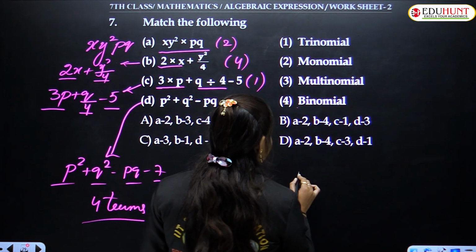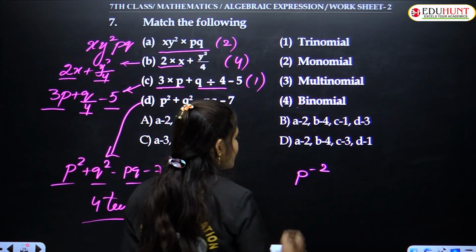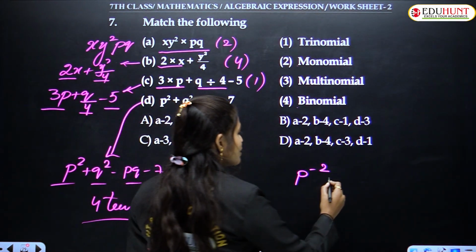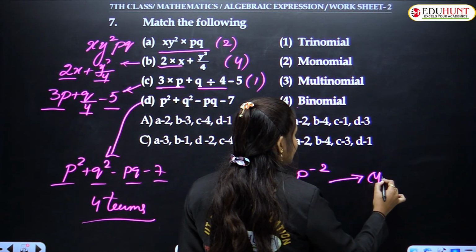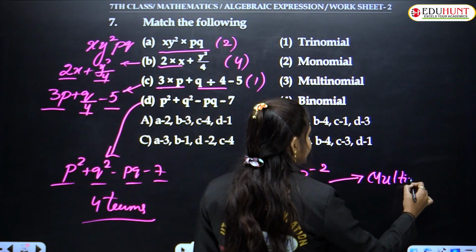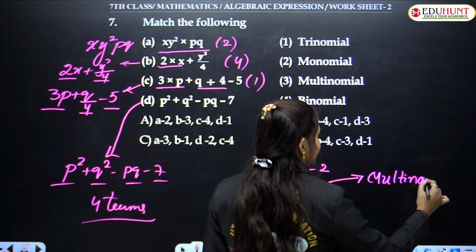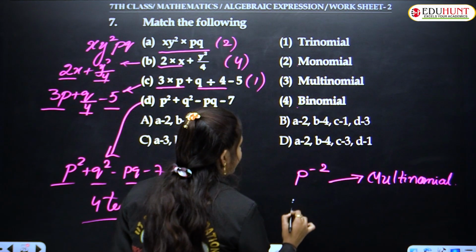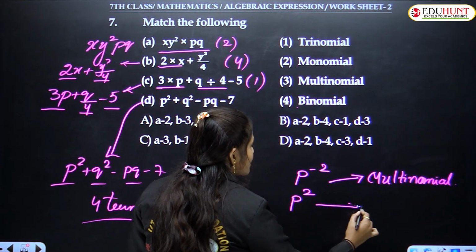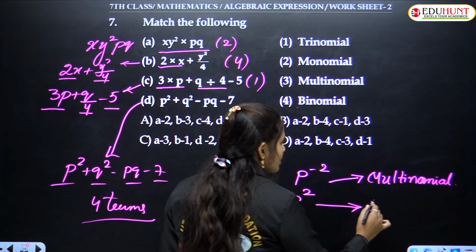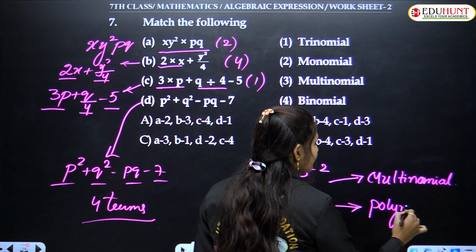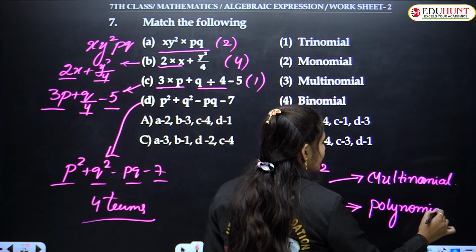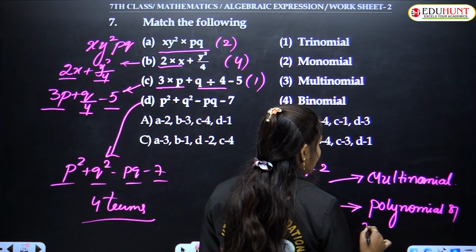Just see the difference. P power minus 2 is there. P power minus 2. So we will call this one as a multinomial. Now here p square. P square means this is positive, no? So this is called a polynomial or a multinomial.